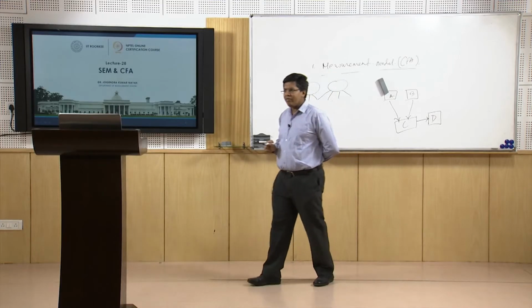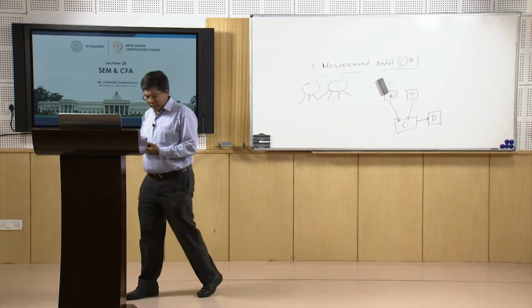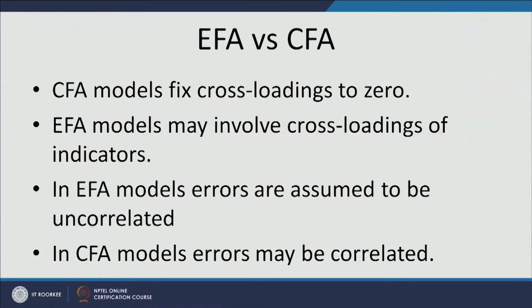That is a case of cross loading. EFA models may involve cross loadings of indicators; in EFA that provision is there, but in CFA cross loadings are fixed to 0, which means they are treated as not existing.